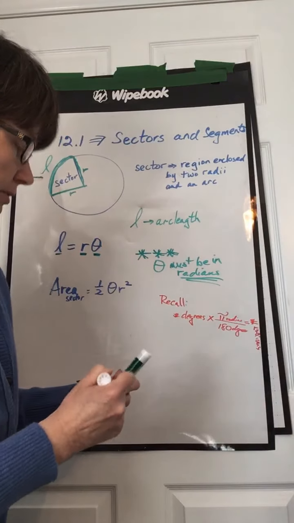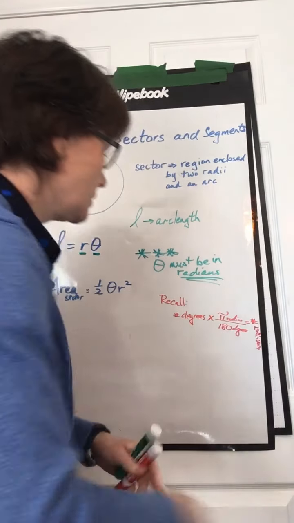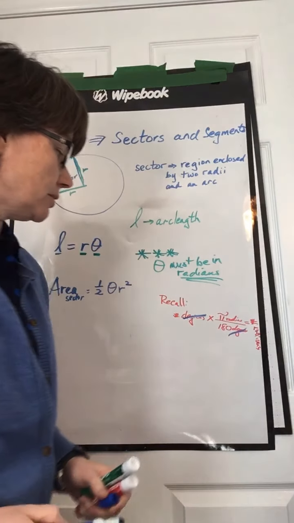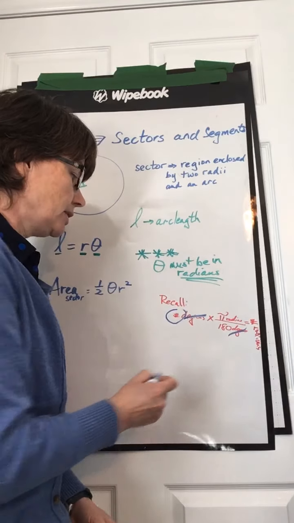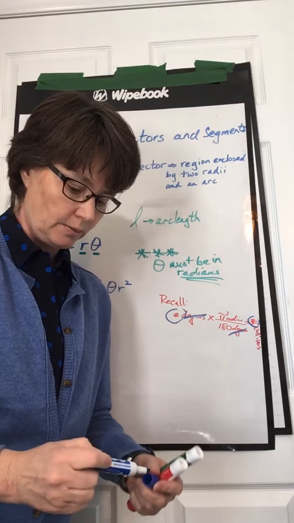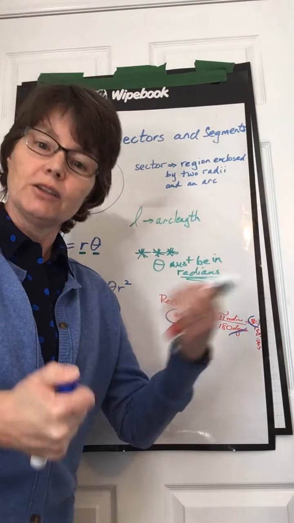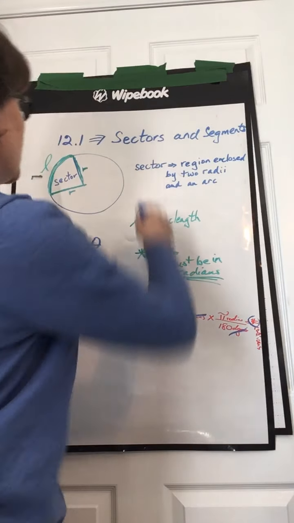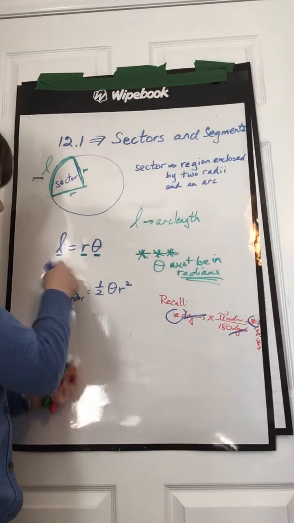Remember, the degree units will cancel, leaving us with radians. So we have the number of degrees multiplied by pi over 180. That will give us how many radians we have, in case you have a question where you only have degrees given to you and you need to change it to radians.